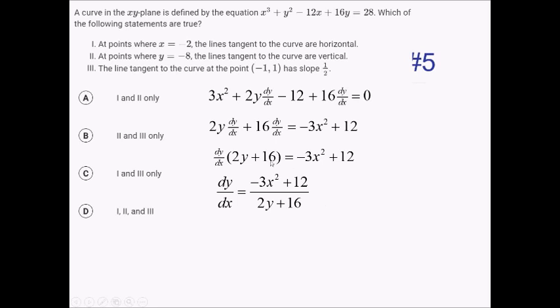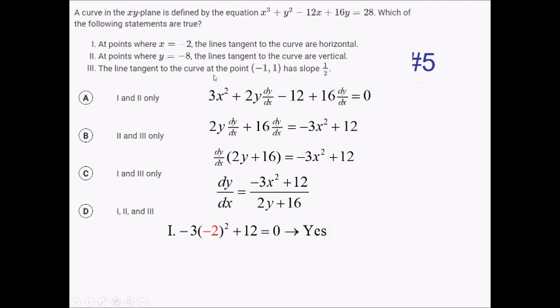So if I plug in -2 to the numerator, let's see what happens. So we have -3 times -2 squared plus 12, and we're asking, does that have a value of 0? Well, let's see here. This is negative 3 times 4, which is negative 12, plus 12 does indeed equal 0. So that's a yes for that one.